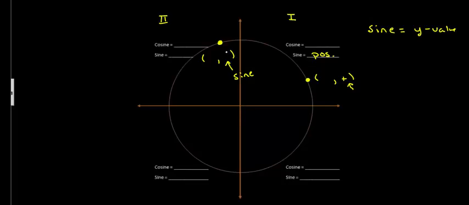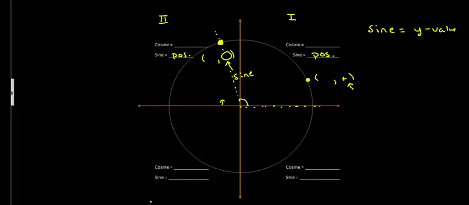So if I drew the angle in here, like this, this angle has a sine value of this number right here, and that is obviously a positive value because the y value of this point is positive since we're moving upward. So this is also positive.